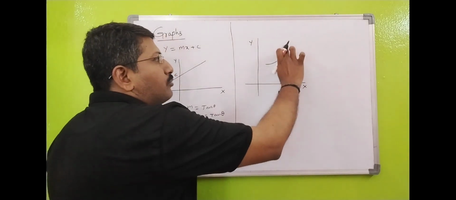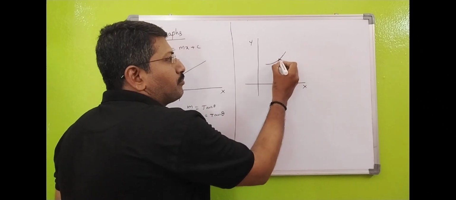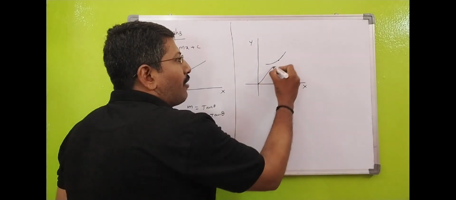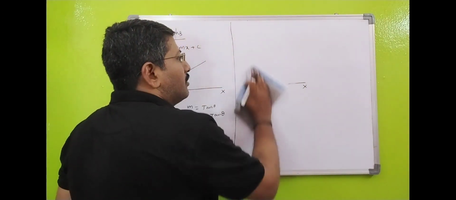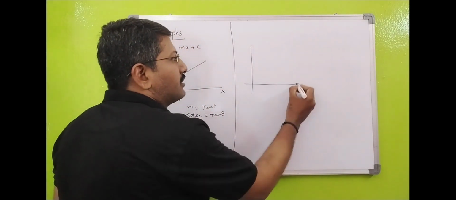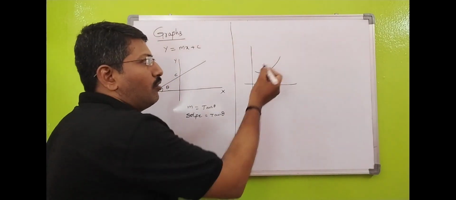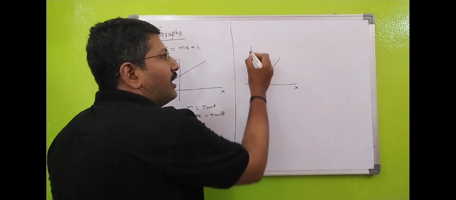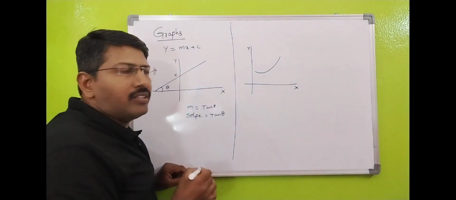If you observe it, I take one small point and draw the tangent like this. If anybody asks what is the slope, I take x here and y here, and you take any one point on this graph.